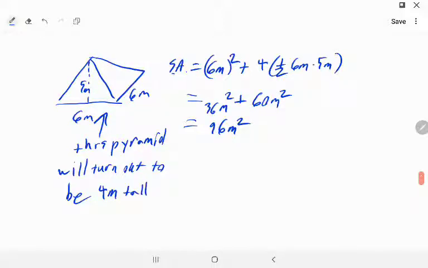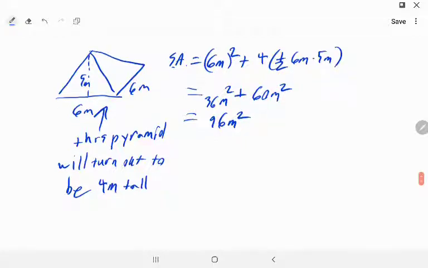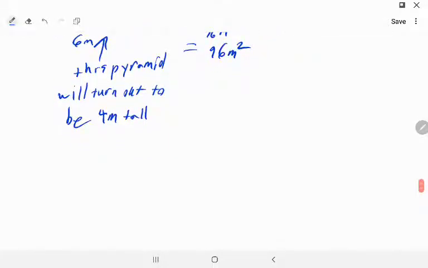And if we wanted to, we could actually build that pyramid. We could physically build a pyramid that was 4 meters tall with a square base that was 6 meters by 6 meters and have a slant height of 5 meters. So this pyramid could exist.